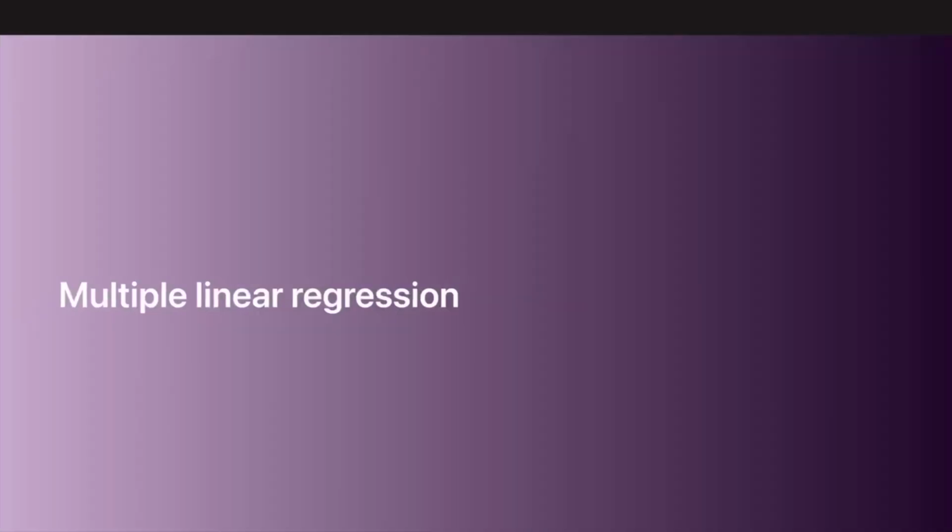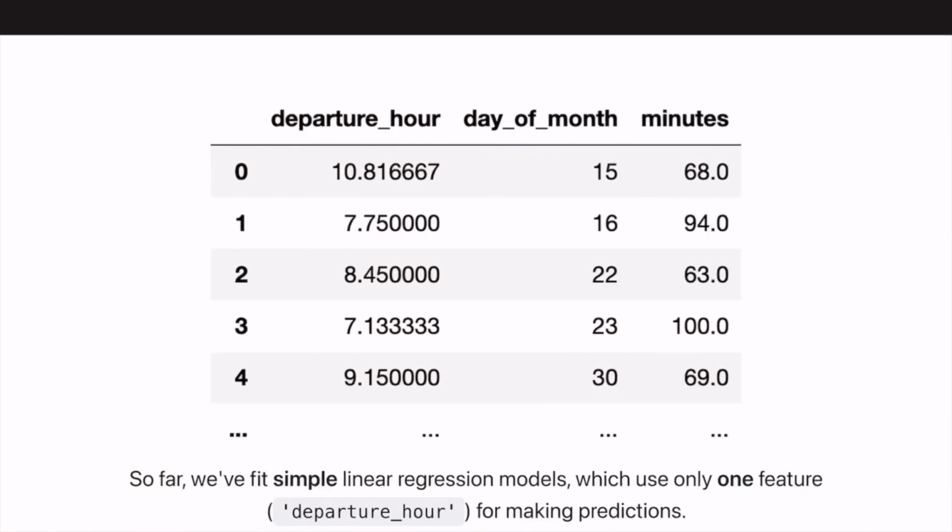Okay, so let's begin to talk about multiple linear regression, and in the next lecture we'll dive in further. So far we've been working with departure hour and the amount of time it took for us to go from home to school. Let's say that we want to add a new feature, new attribute, new variable: day of month.